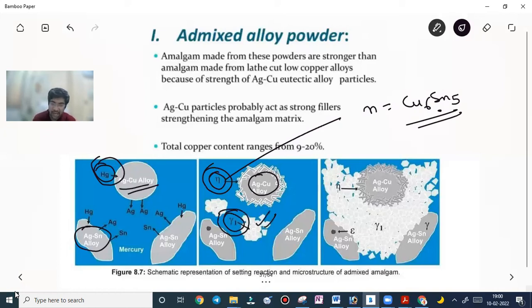As you know, in the low copper alloy, the gamma 1 will surround everything, forming the matrix. The gamma 2 is also formed at the same time, but later it is replaced by the eta phase. So in admixed alloy, the gamma 2 phase is greatly reduced.